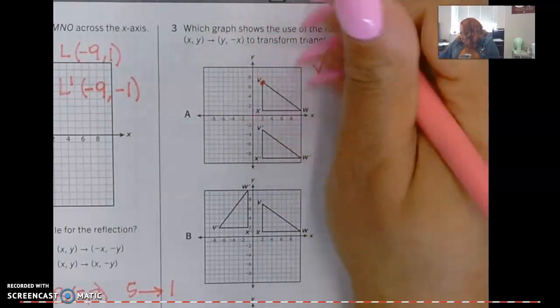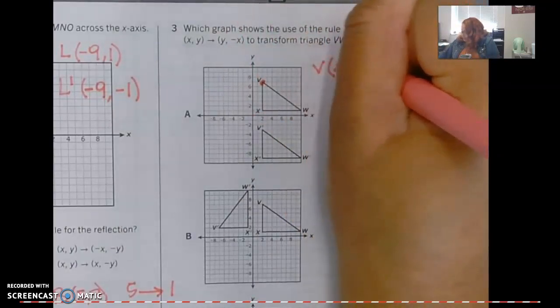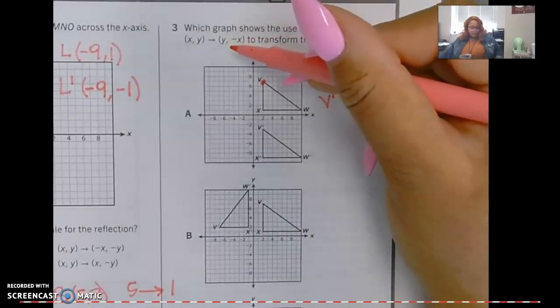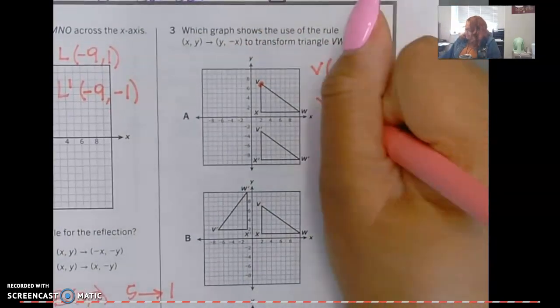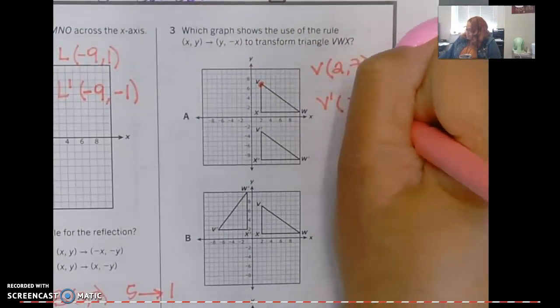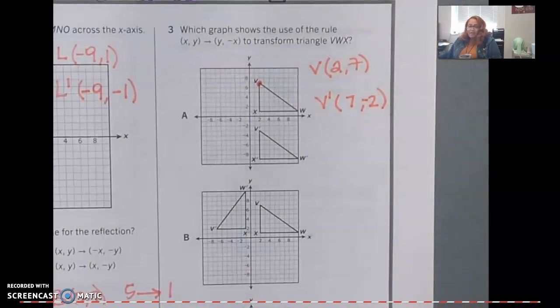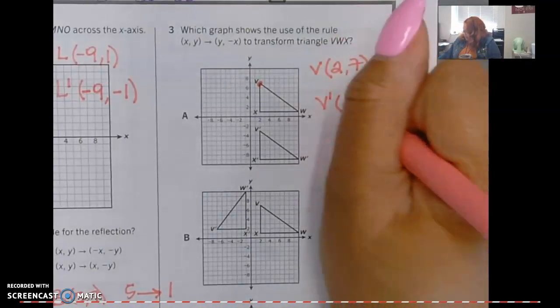You run 2 and you jump 7. And then V prime needs to be switched. X and Y need to switch. And then X becomes its opposite. So 7, -2. So you need to find an answer there that runs 7 and jumps down -2 for V prime.